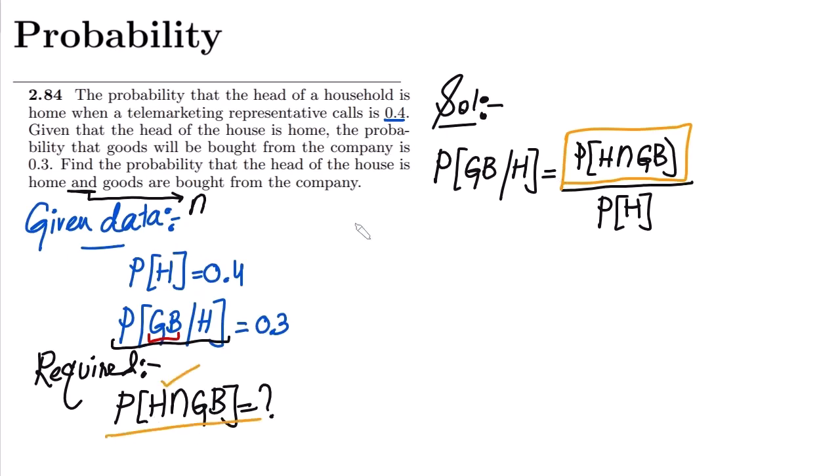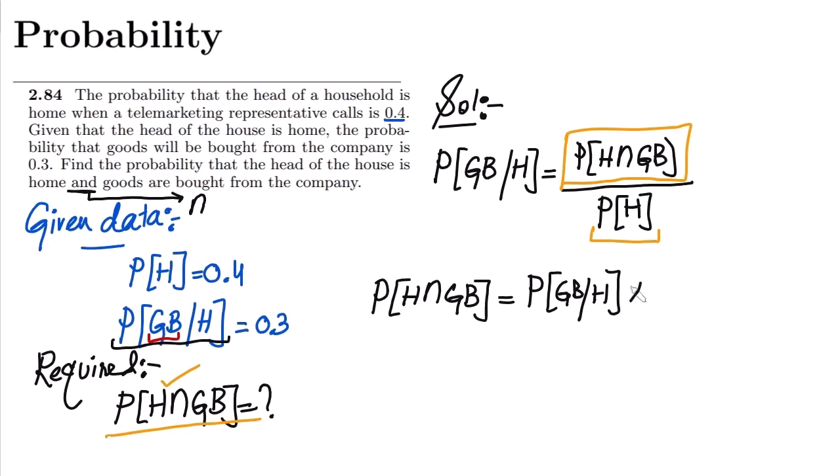So now in order to find it out, multiplying both sides with P of H, what I will get here is the probability of H and GB is equal to the probability of GB given H, multiplied with the probability of H. Okay, so now we know the values which are associated with them.